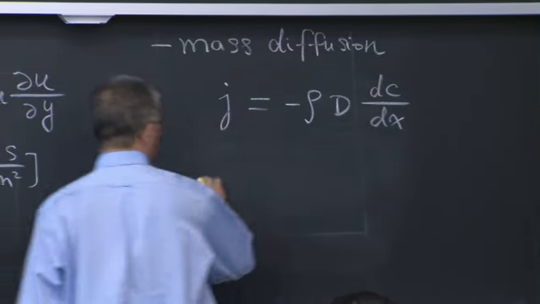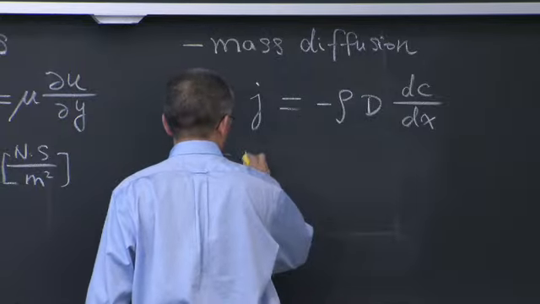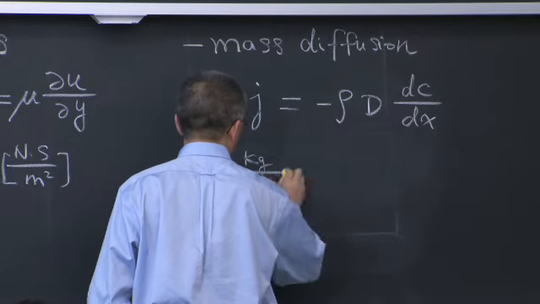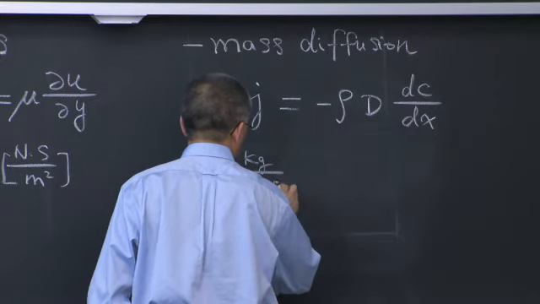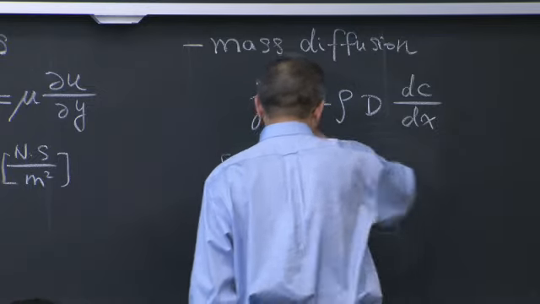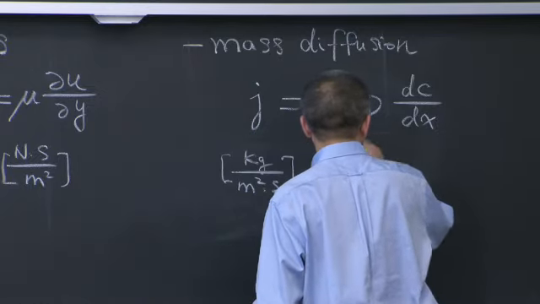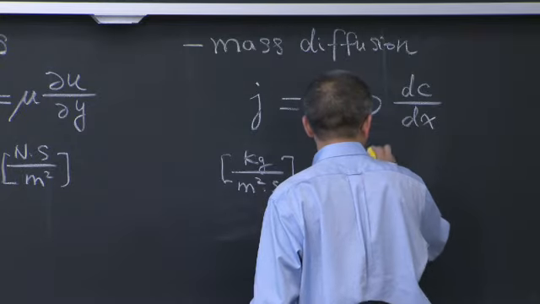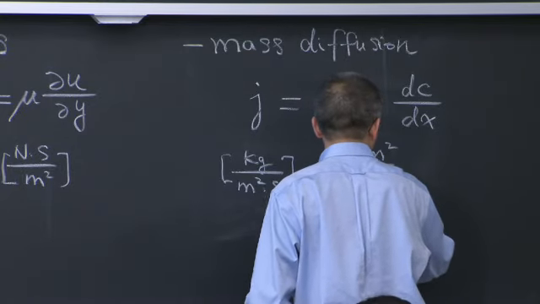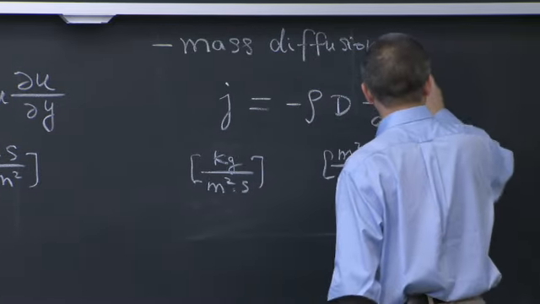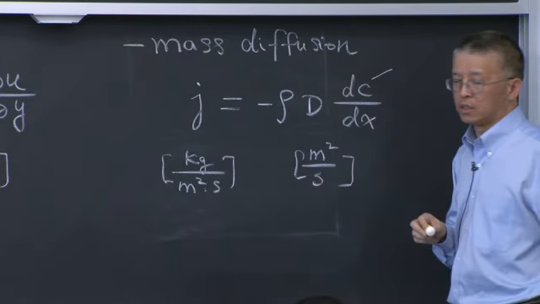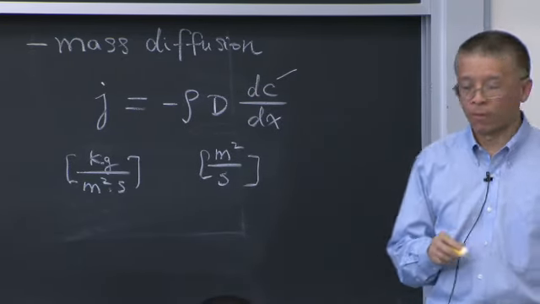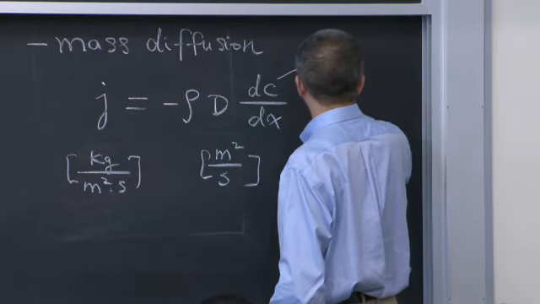Right? The mass flux here is kilogram per second per meter square. Flux is always per time, per meter square. And the diffusivity, D, is meter square per second. And this c is the mass fraction. You can go check the unit.